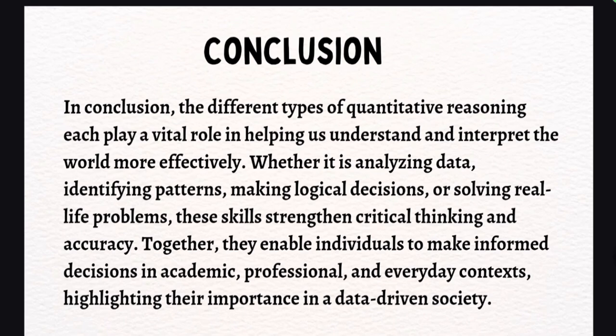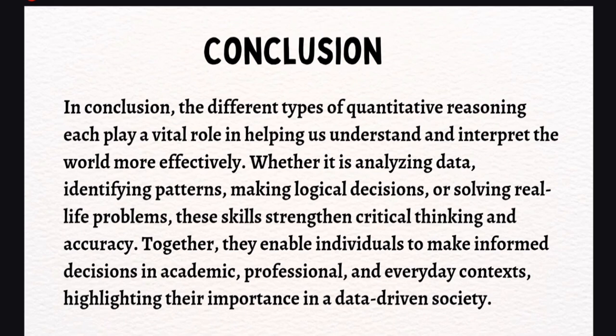So now in conclusion, the different types of quantitative reasoning each play a vital role in helping us understand and interpret the world more effectively. Whether it is analyzing data, identifying patterns, making logical decisions, or solving real life problems, these skills strengthen critical thinking and accuracy.